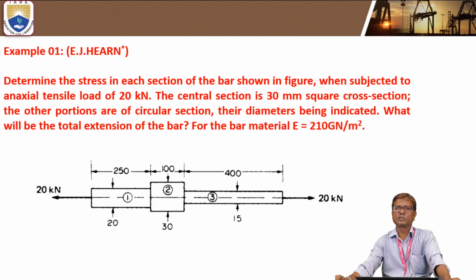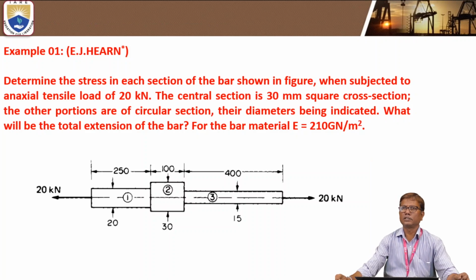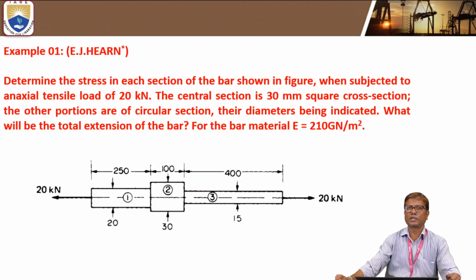The other portions are of circular sections, their diameters being indicated in the figure. What will be the total extension of the bar? And the material of the bar has Young's modulus of 210 giganewton per meter square.